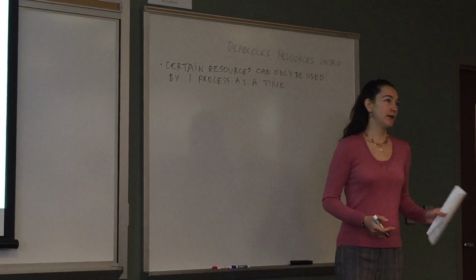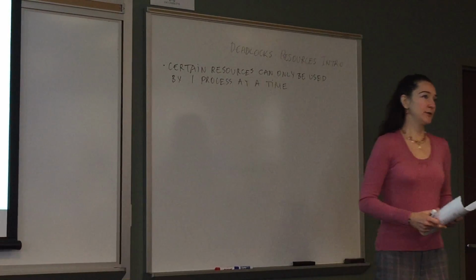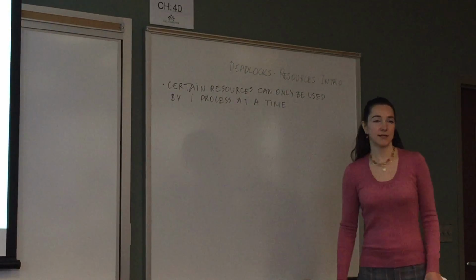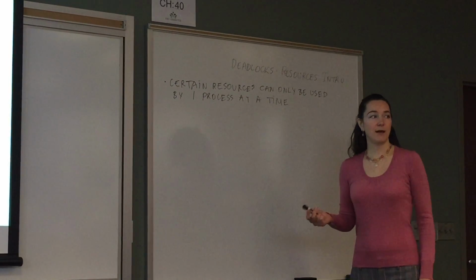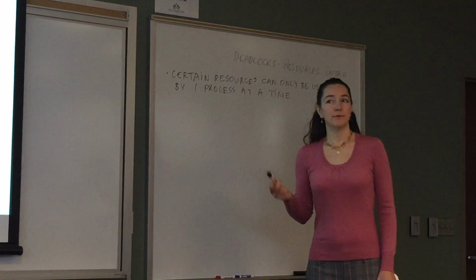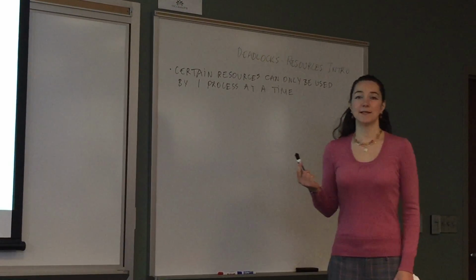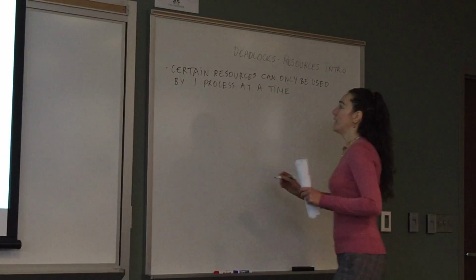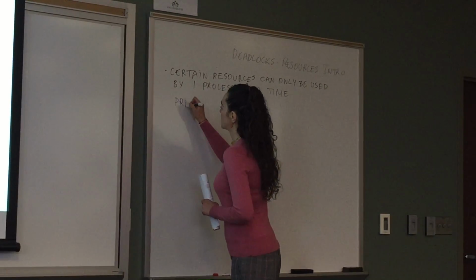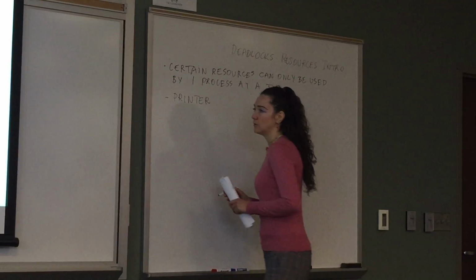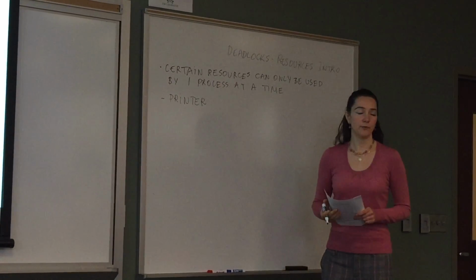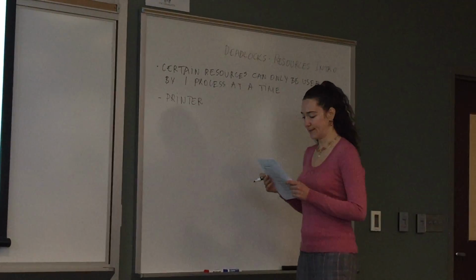And when you see the print output, it'll be a total mess. It'll make no sense at all. So the printer is one example. We give it to one process at a time. When the first process is finished printing, then we give the printer to the next process.